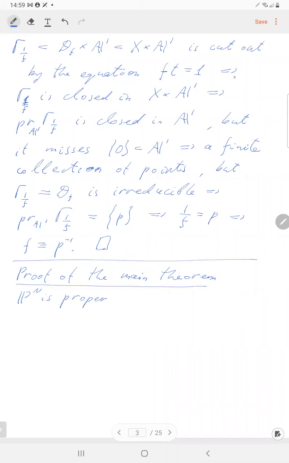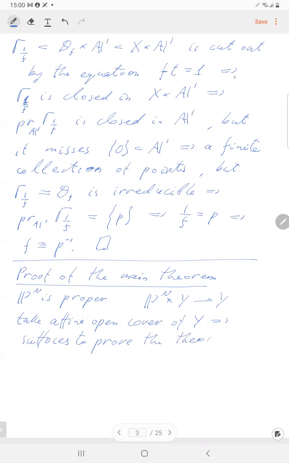We consider the projection P^n times Y to Y, and we can cover, as always, our base Y by affine subvarieties, an open cover of Y, and then we see that the question is local on the base Y. So it suffices to prove our theorem for Y affine, and that's what we are going to do.